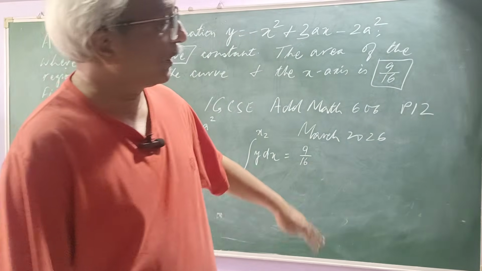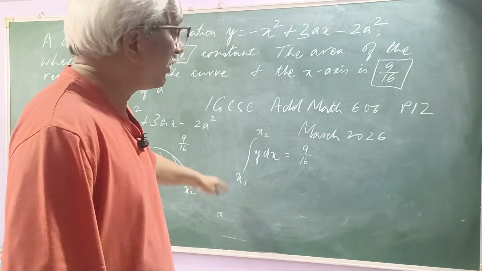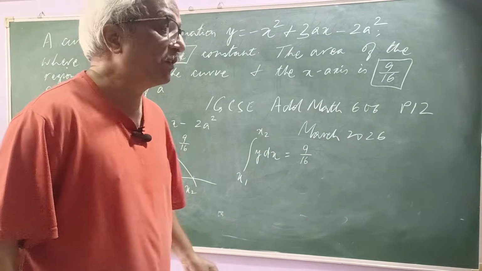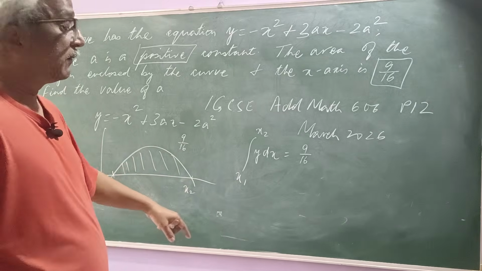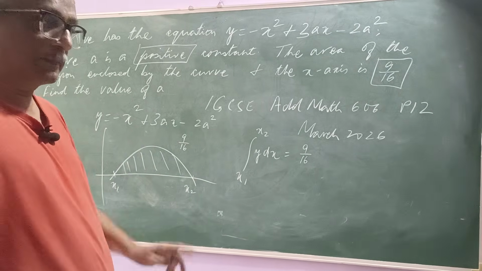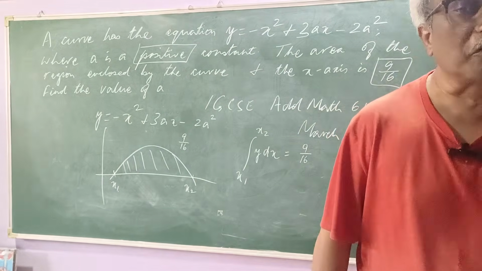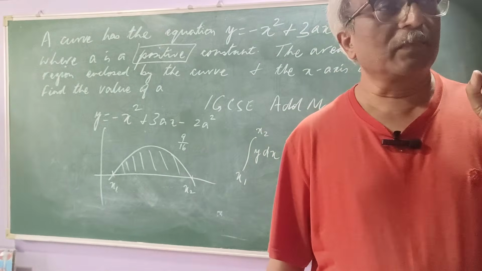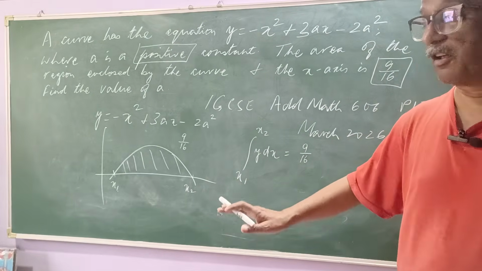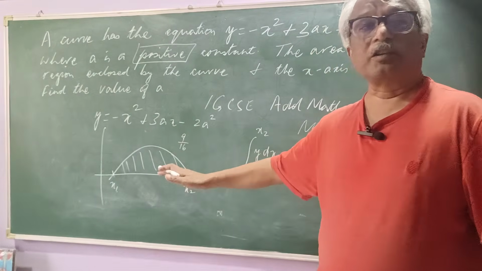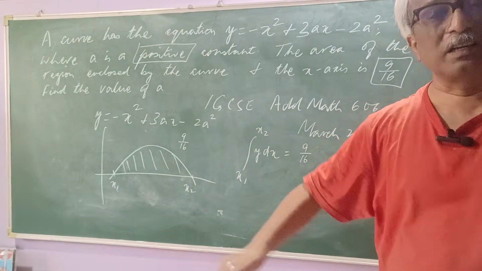A, we have to integrate, and B, we have to find the limits x1, x2, which means we have to find the points of intersection of the curve with the x-axis. So I will first find the points of intersection and then we will integrate.